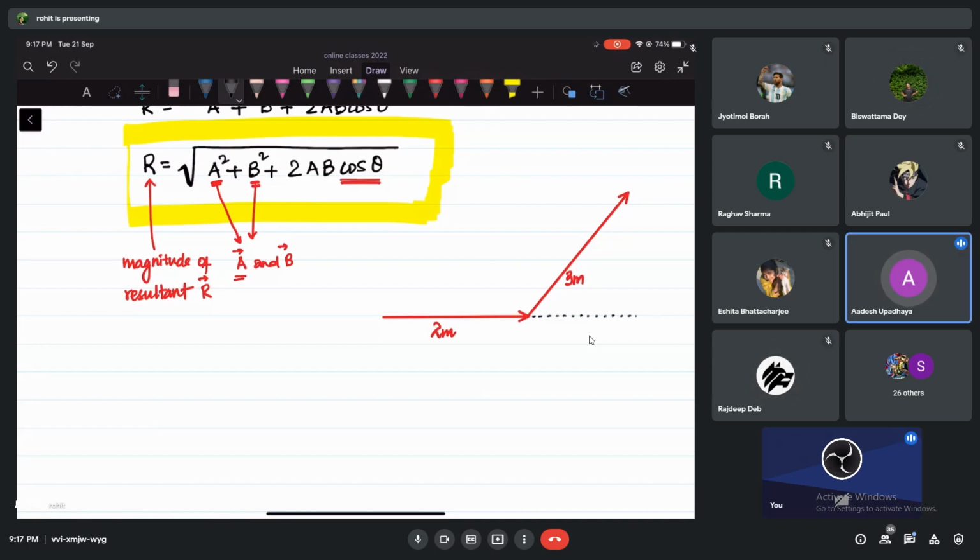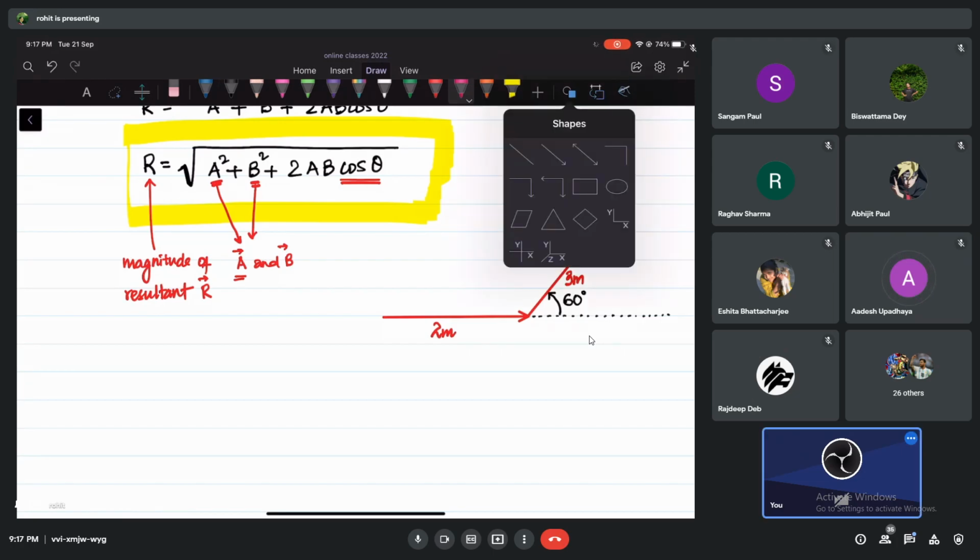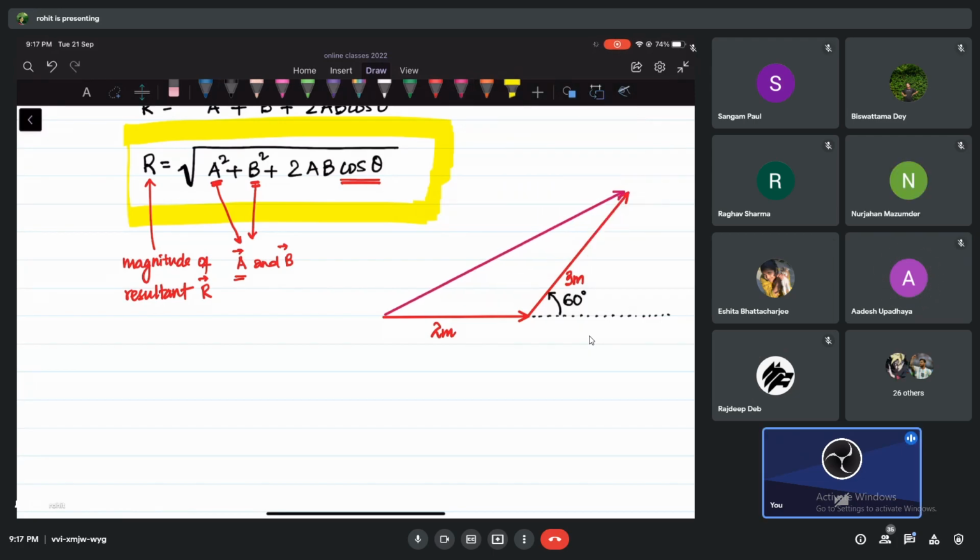What is the magnitude of the first displacement vector? 2 meters. What is the magnitude of the second displacement vector? 3 meters. What's the angle between them? So 60 degree. You will all agree that I can take the third side opposite in order to complete a triangle. This is your resultant, right?